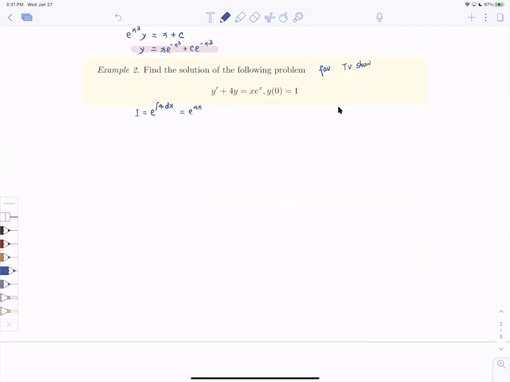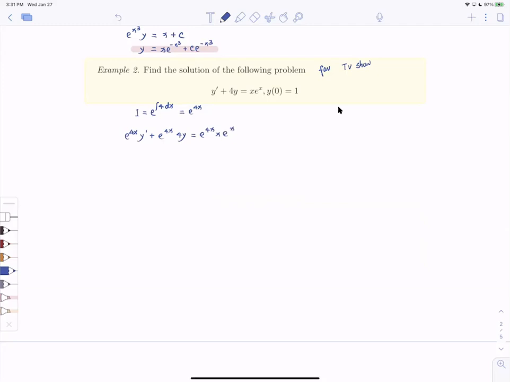And then you multiply your integrating factor on both sides, you'll get e to the 4x y prime plus e to the 4x times 4y equals e to the 4x times x e to the x.